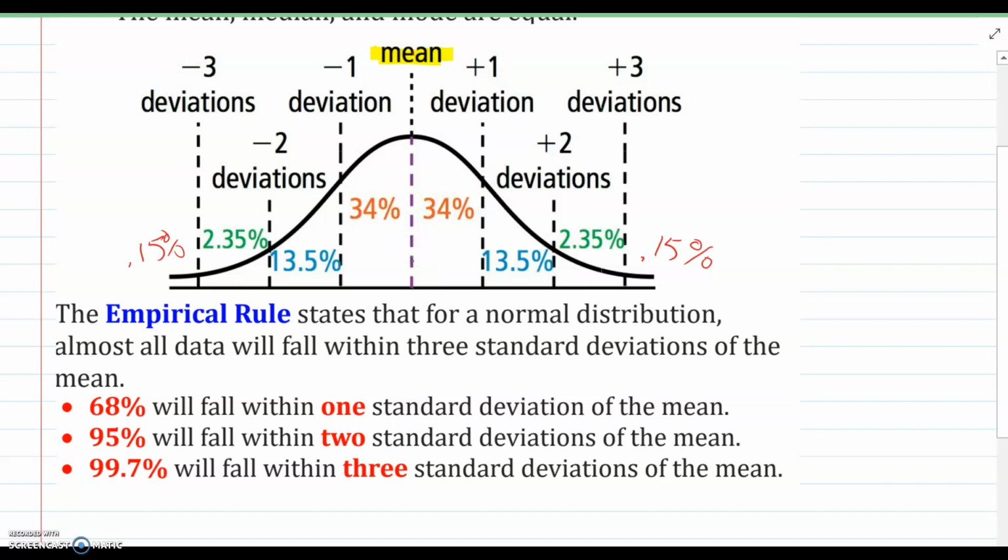Then if I add an additional standard deviation, which means from 2 standard deviations to the left to 2 standard deviations to the right, you're going to end up with 95%. And above and beyond, 3 standard deviations is going to get me 99.7%, which is why over here we've got this and that, which ends up being 0.3%.